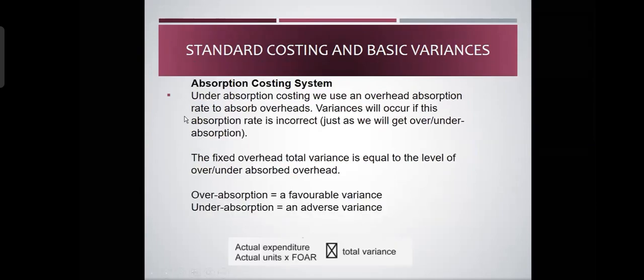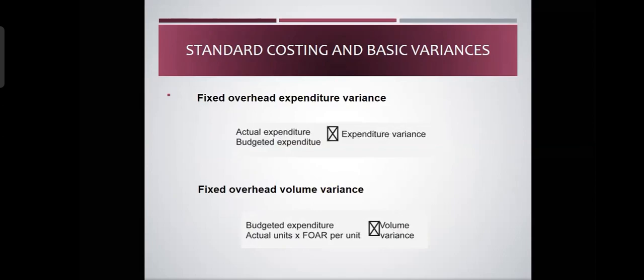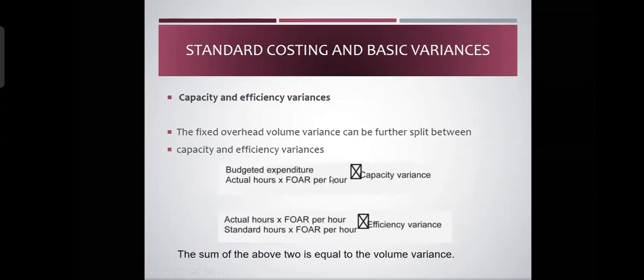But when you do absorption costing, you have two variances, expenditure and volume. Expenditure is like before, which we discussed, and for volume variances you have to remember that there are two variances, capacity and efficiency. So please ignore this sign; you can consider it as an equals sign, okay?